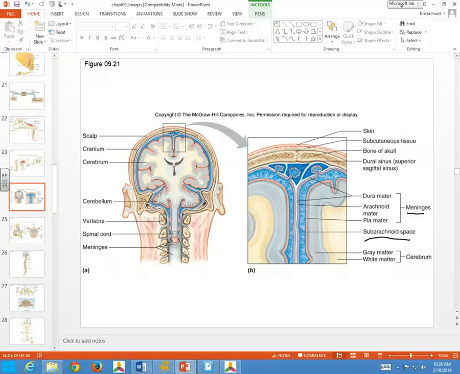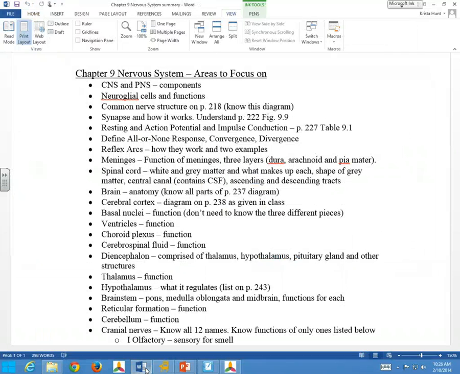What's the sensory one, like the one with the withdrawal? The reflexes? Yeah, that's our reflexes. Reflex arcs, 2 examples. So we had the withdrawal, you step on the pin and I'm pulling my foot back. What was the other reflex?